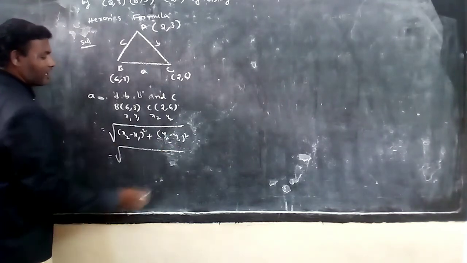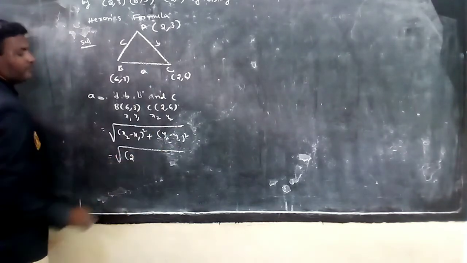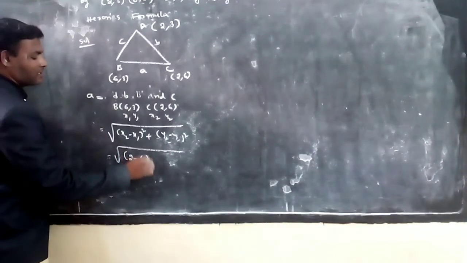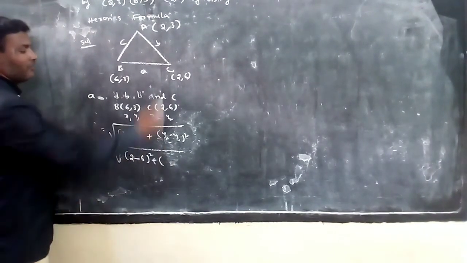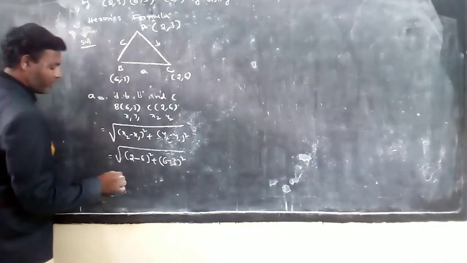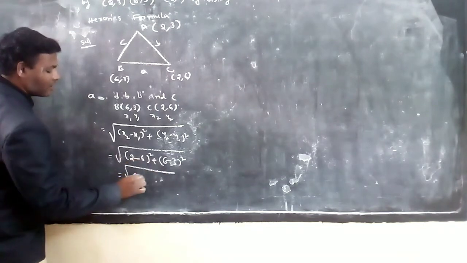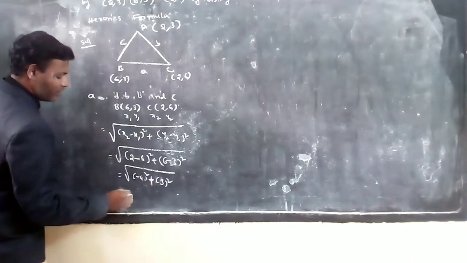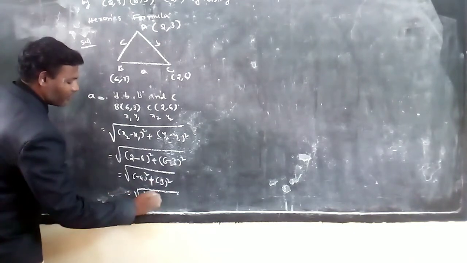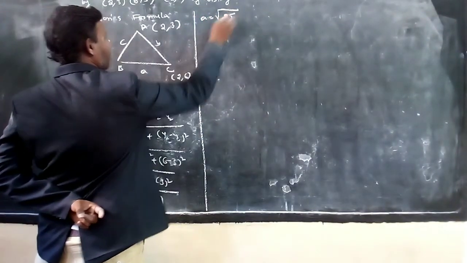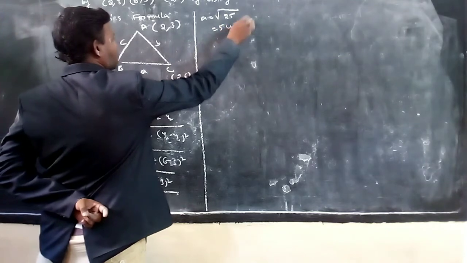Now apply the values: x2 means 2 minus x1 means 6 whole square, plus y2 means 6 minus y1 means 3 whole square. 2 minus 6 is minus 4, whole square, plus 3 whole square, that is 16 plus 9. Now a is equal to the square root of 25, which is 5 units.